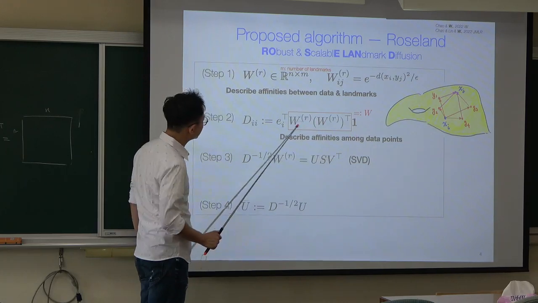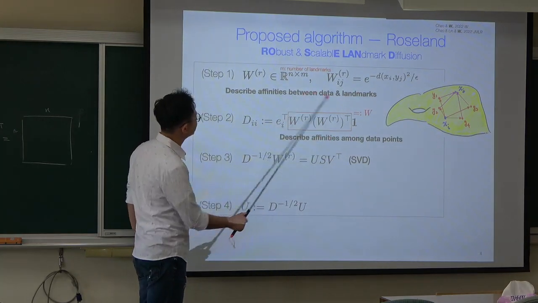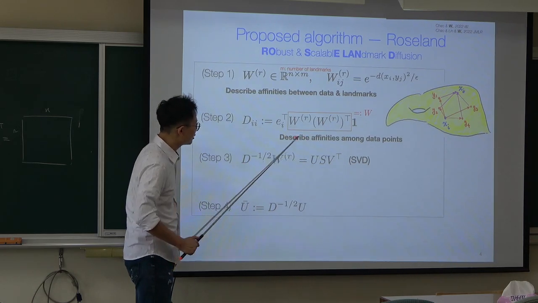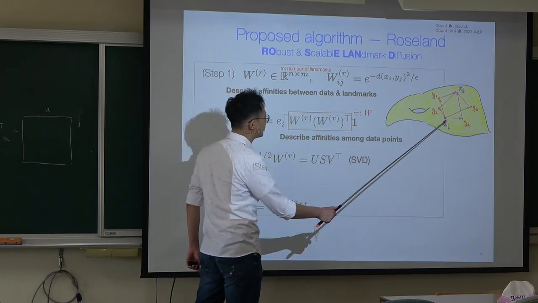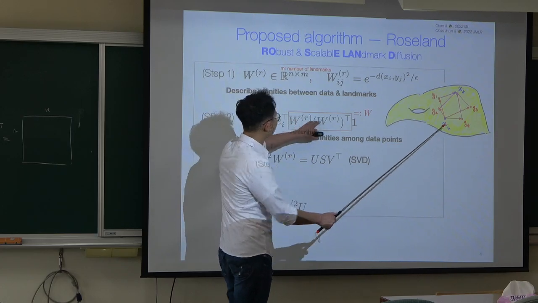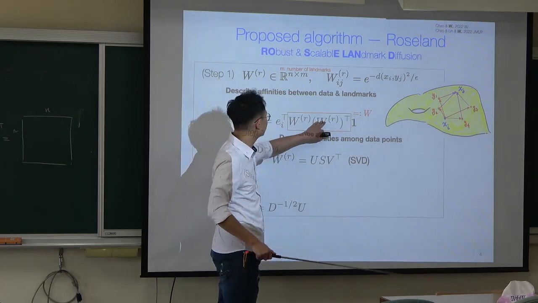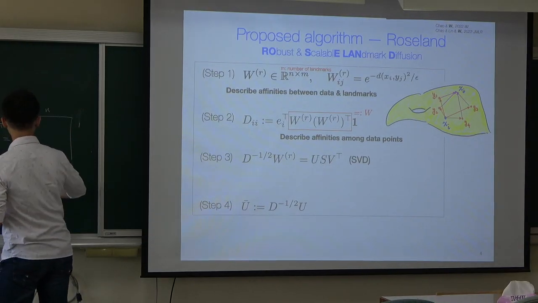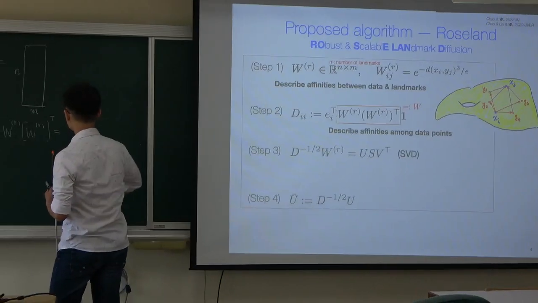And the physical meaning of WR transpose is the description of affinities among data points.